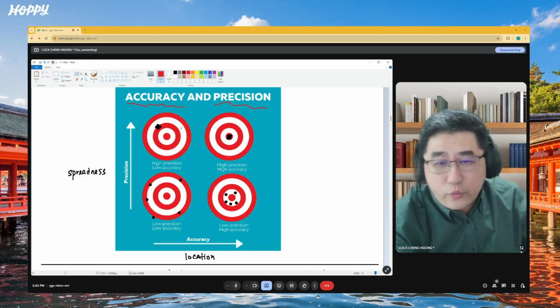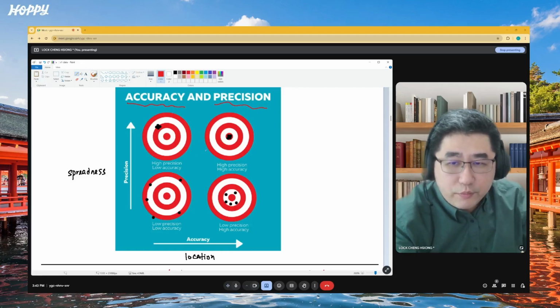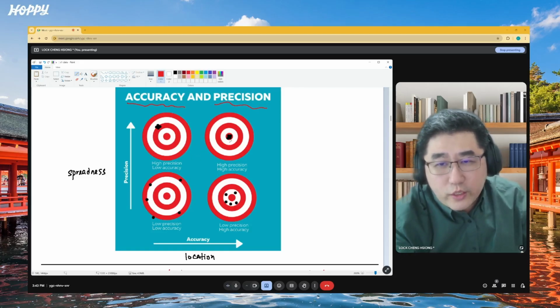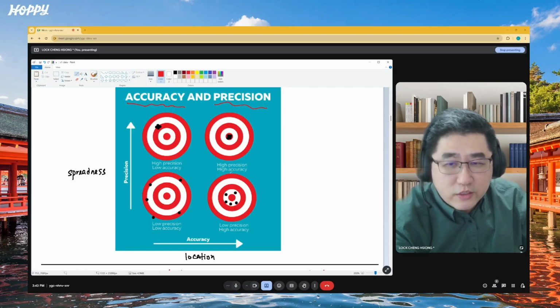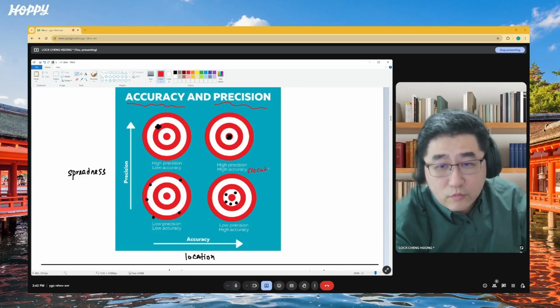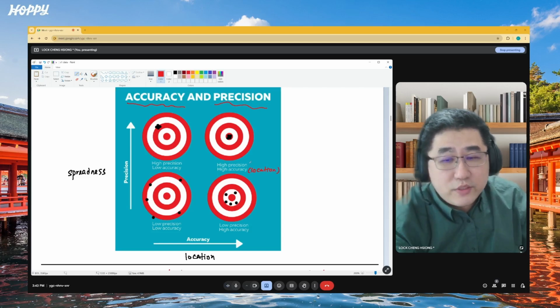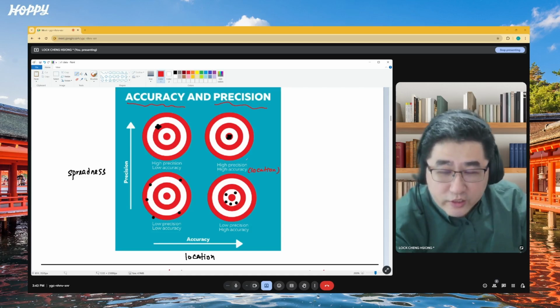Let's say this is throwing a dart at a target board. High accuracy means you hit the target at the correct location, and high precision means the throws are very concentrated.